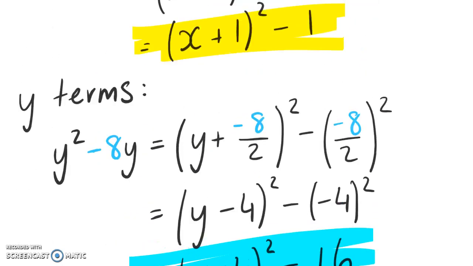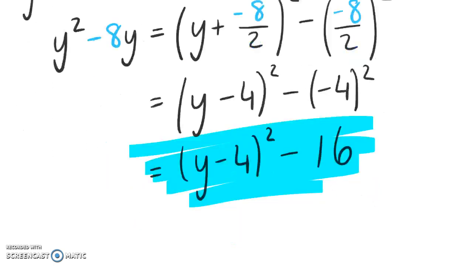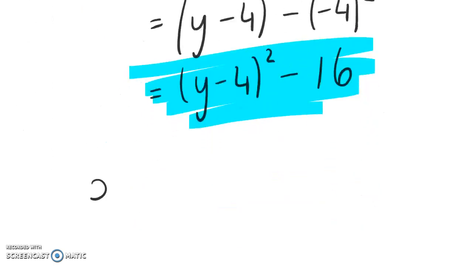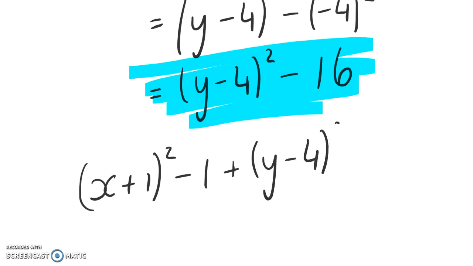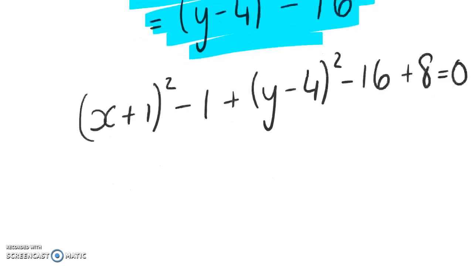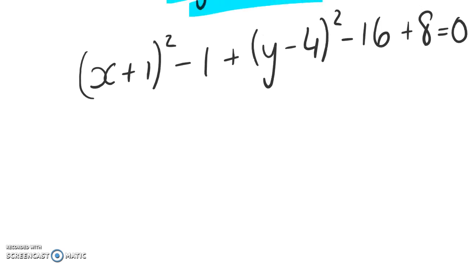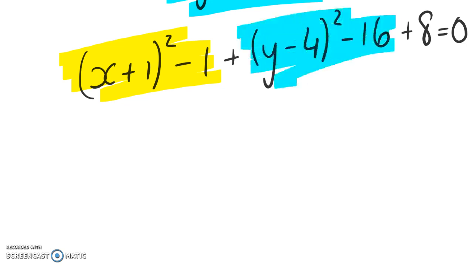That means from our x terms, x plus 1 all squared take 1, plus y take 4 all squared take 16 plus 8 equals 0. So this is our new equation.